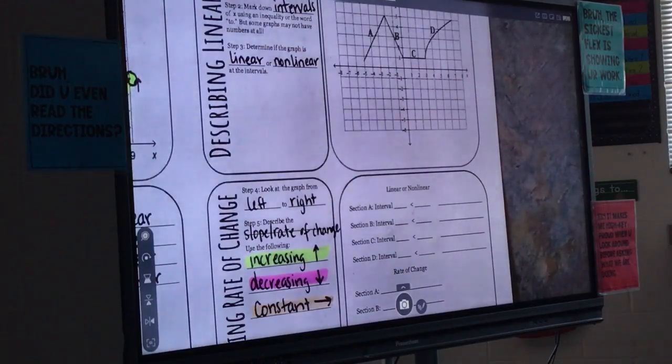There's a little bit more. And you need to have colors and stuff.